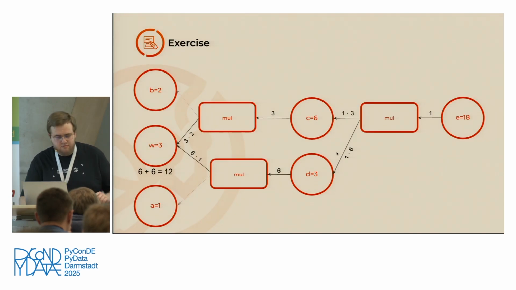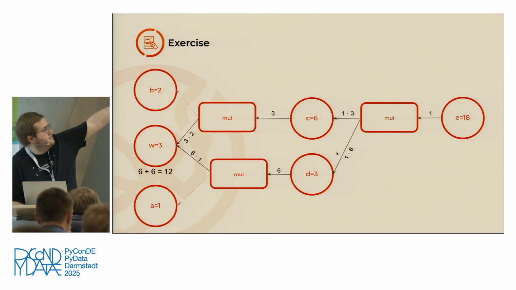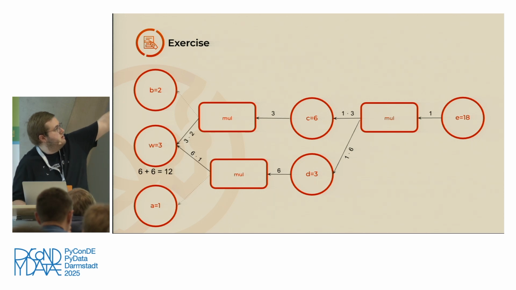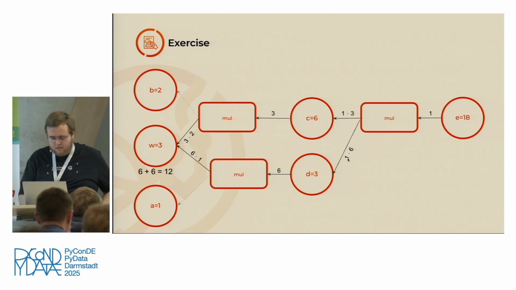Okay. So for those who don't remember the exercise, we need to multiply B by W, A by W, and then multiply the results among each other.